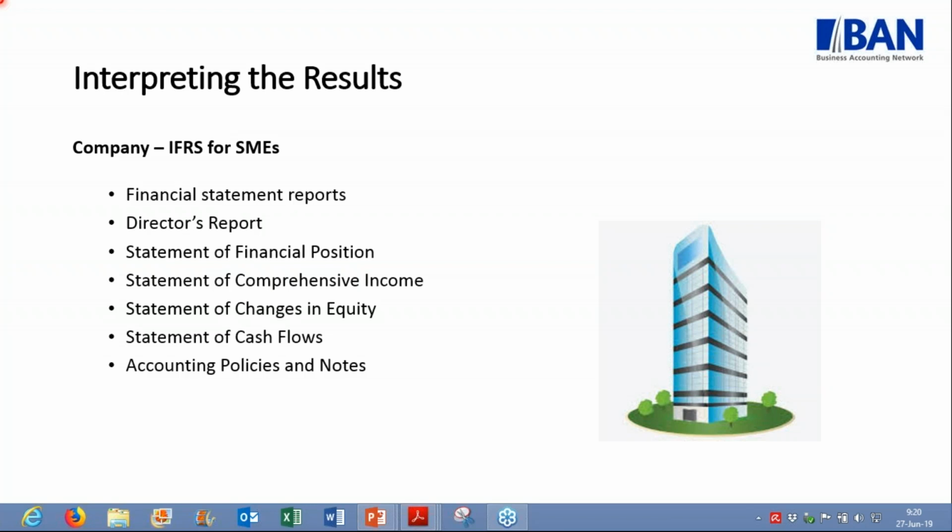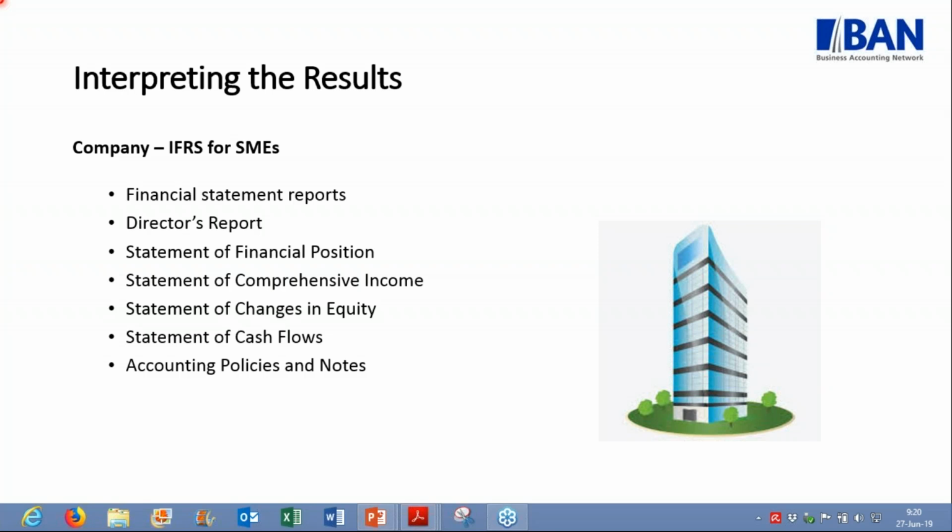Now, when we start off with this company, I'd like you to just understand that most financial statements follow a similar format and order of layout. So it's a nice way to familiarize yourself with that so that you know where to find information as you work through the financial statements. So usually it starts off with a cover page, and then an index and some management information, and then it flows into the financial statement reports or your sign-off reports, the director's report and the responsibility of the directors, and then into your actual figures, so statement of financial position, statement of comprehensive income, statement of changes in equity, and statement of cash flows.